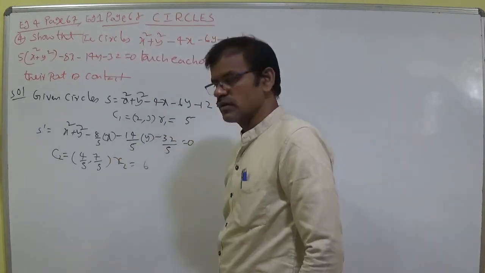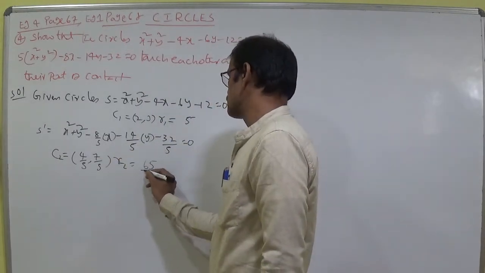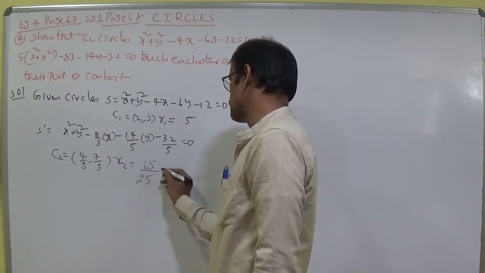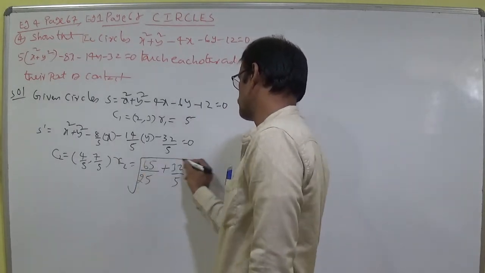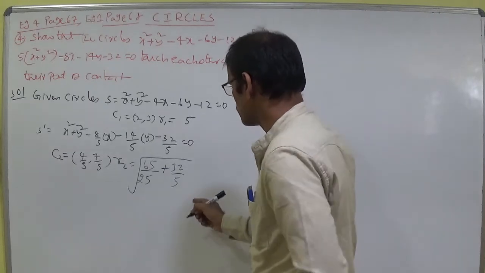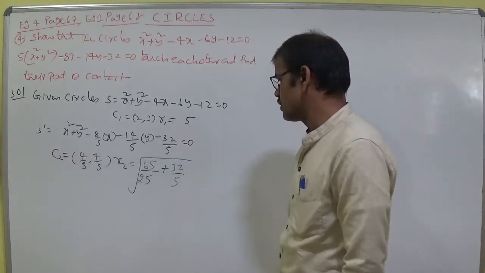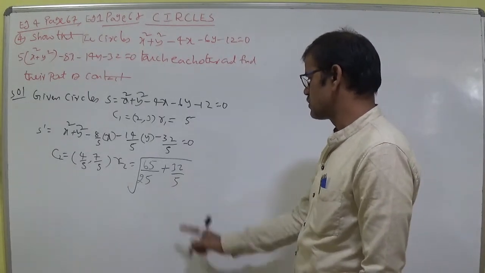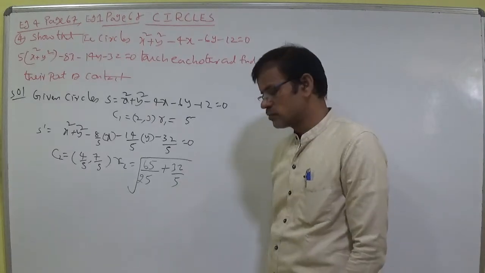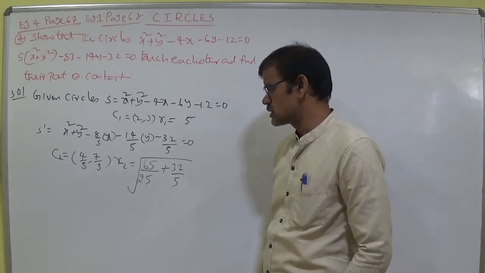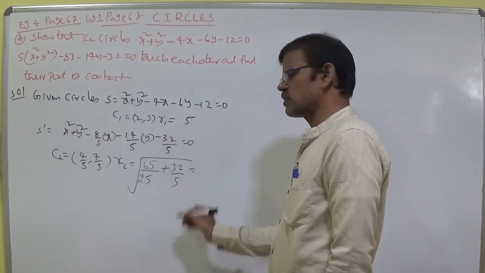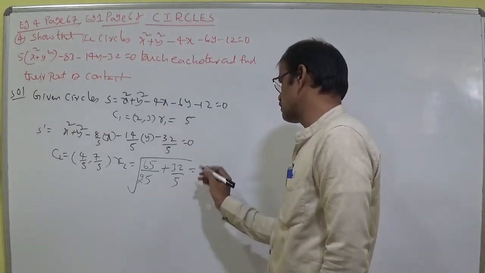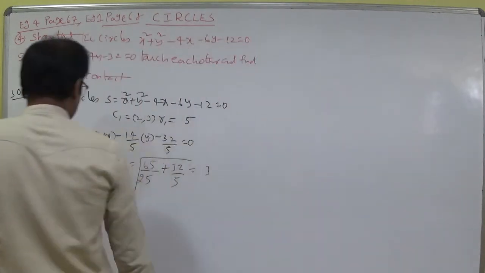Taking 25 as LCM, 5 times 32 is 160, 160 plus 65 is 225, 225 by 25 is 9, root 9 is 3, so R2 is 3.